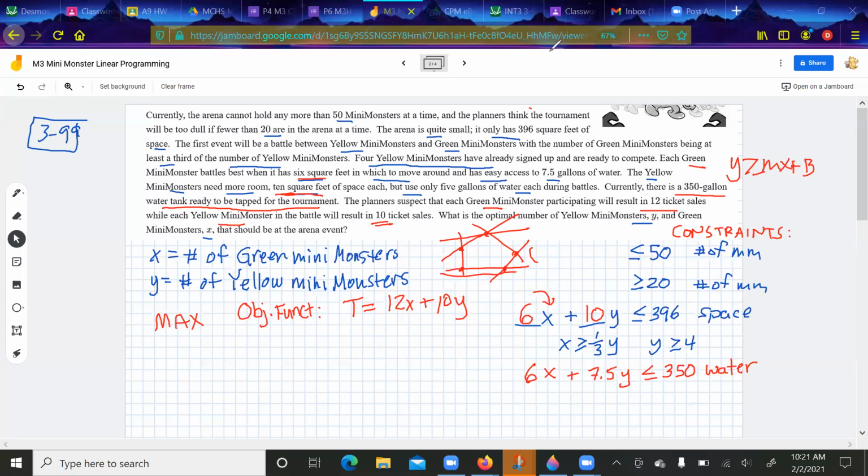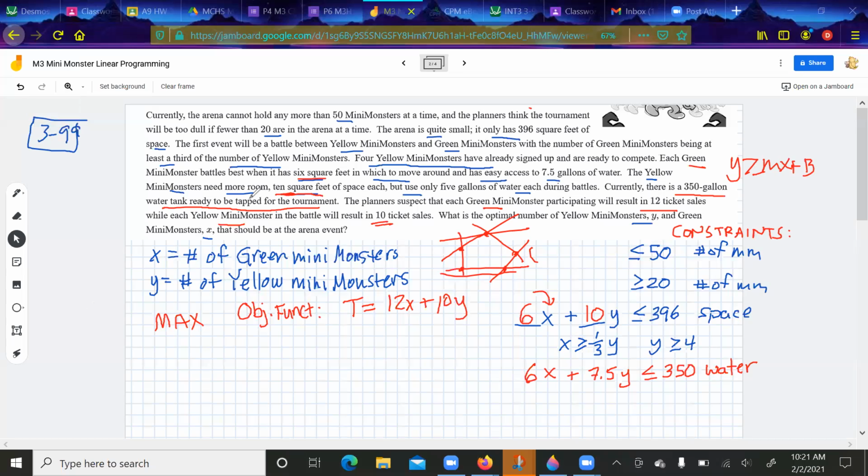I'm going to have to erase this writing too, so sorry, but I gotta erase it. Question: is there anything to the left of the constraints of the number of mini monsters? You have the less than or equal to 50. Is there anything on the left of that inequality? Oh, yes, thank you. I forgot to write that down.